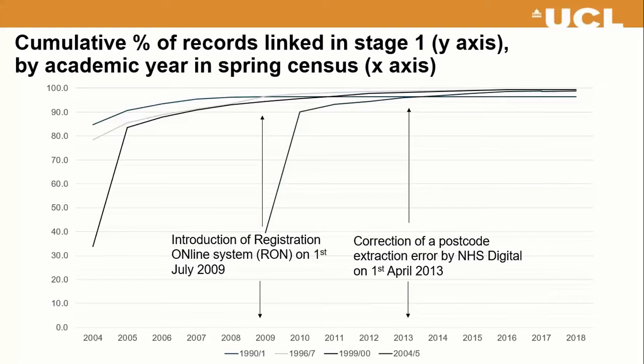It shows that while most records are linked in the first 2 academic years, an important percentage of records are linked in subsequent academic years. So what this is saying is that when linking education with health records, you need to use the full history of pupils in the system, not only one specific instance.